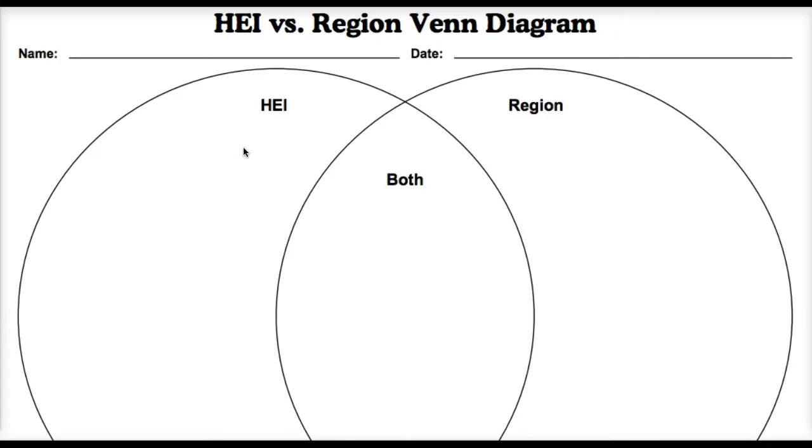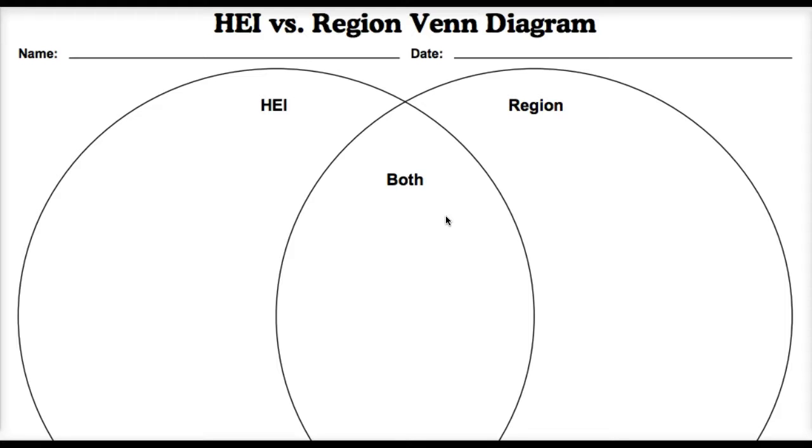HEI is not determined by boundaries. Region is, however. So I could just write no boundaries in HEI, and then I pass my pencil and my paper to my partner. Maybe they got a clue from that HEI thing that I did, and they write over here in region, boundaries. Or maybe that gives them something for both. So with your partner, you're going to help each other come up with more ideas.